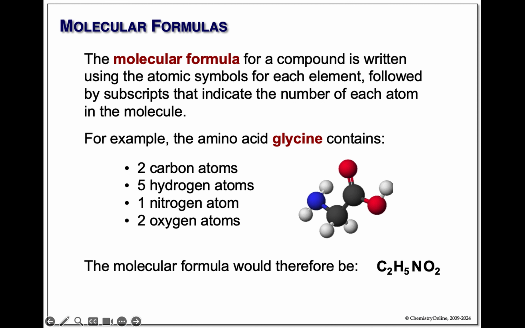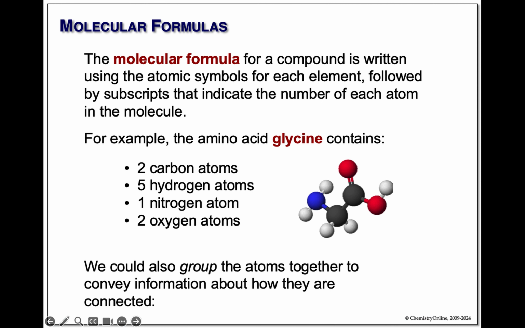So it's useless as far as that goes. We can make it more useful by writing it slightly differently. We can look at this and say we're starting off with a nitrogen with 2 hydrogens. That's bonded to a carbon with 2 hydrogens. And that's bonded to this group, which is a carbon, 2 oxygens, and a hydrogen. So if you look at this, you know exactly, pretty much, what you're dealing with.